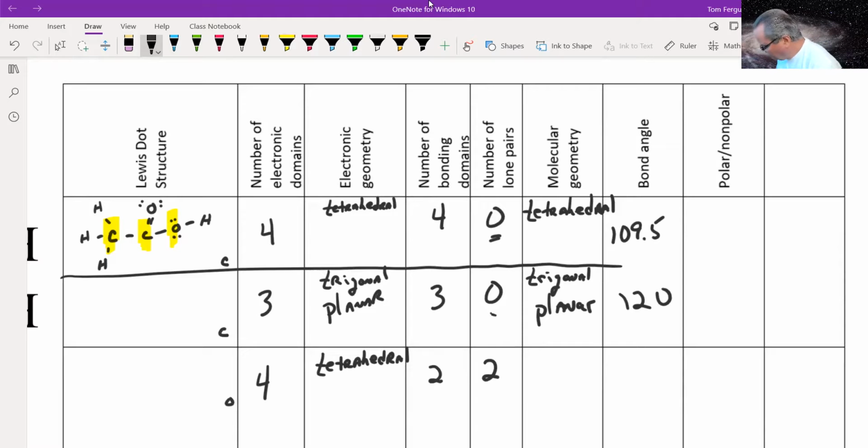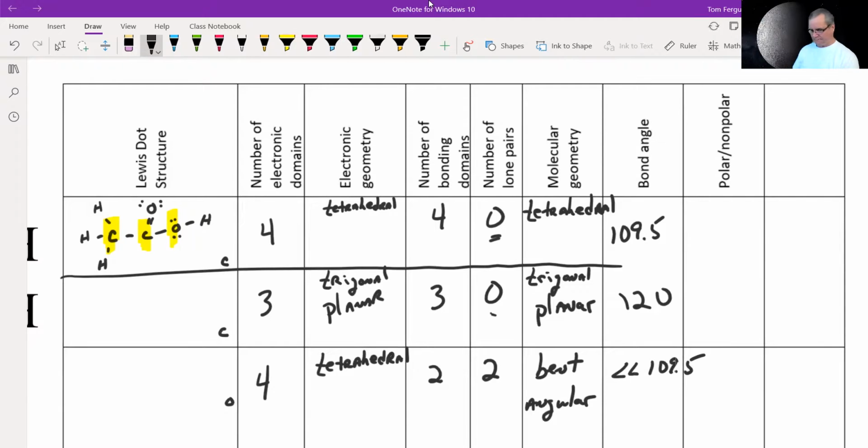So that would be bent or angular. You'll see bent more than angular. And that angle is going to be lots less than 109.5. Now, sometimes in classes, they'll tell you that's going to be 104, but it depends. So I just like to say it's significantly less than 109.